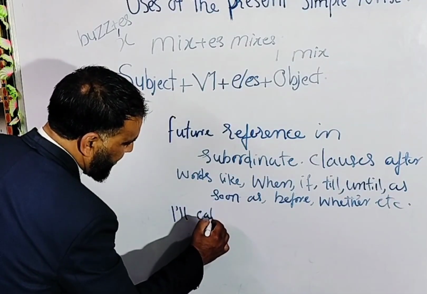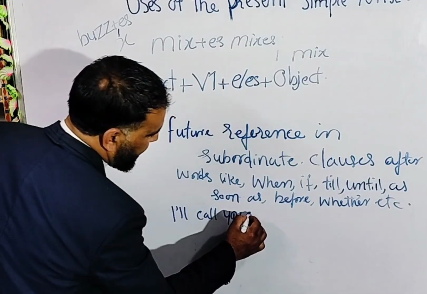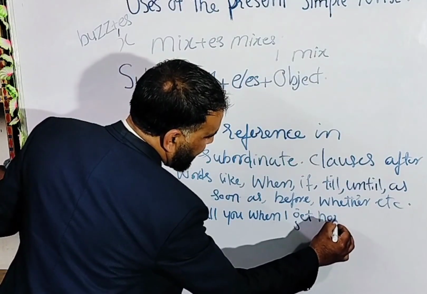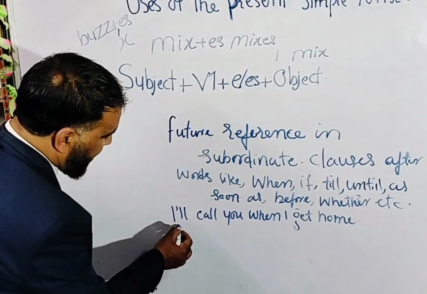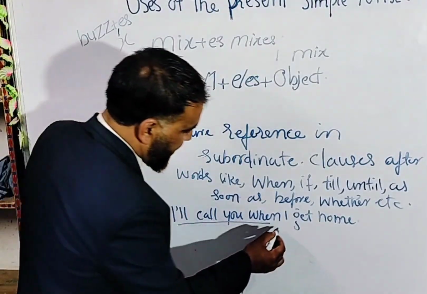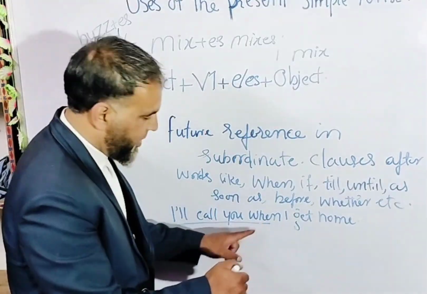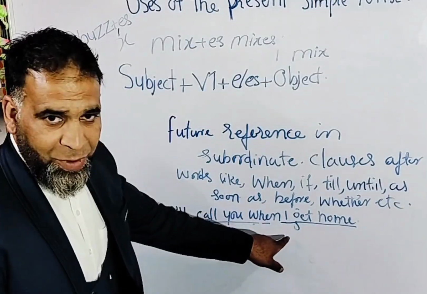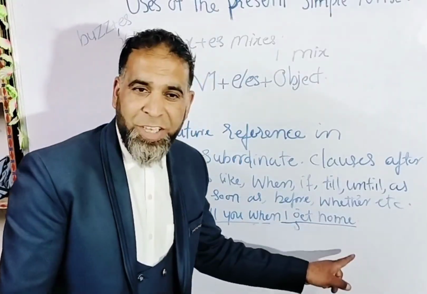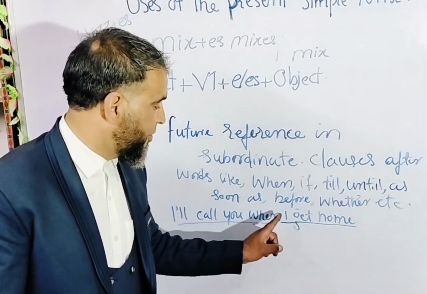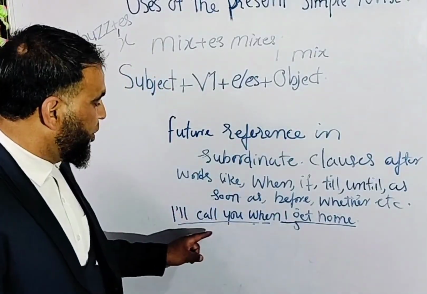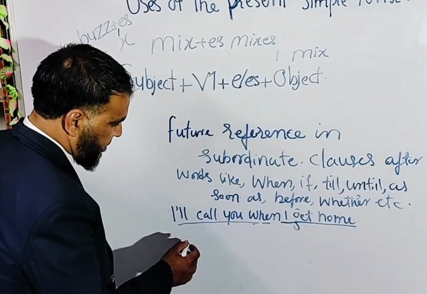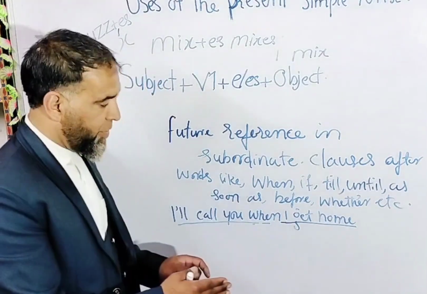Let's take an example. I'll call you when I get home. I will call you in future. But you see, after when, this is the subordinate word, and in the subordinate clause, I get home. When I get home, not when I will get home.